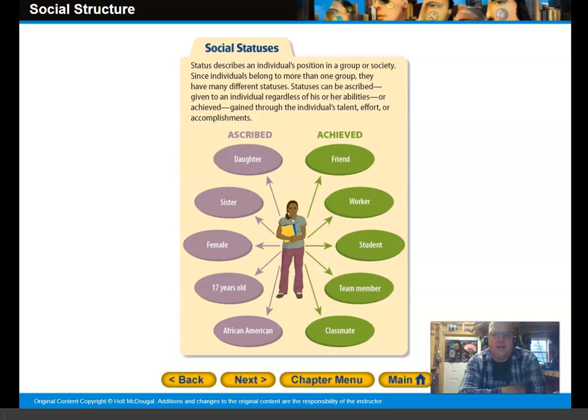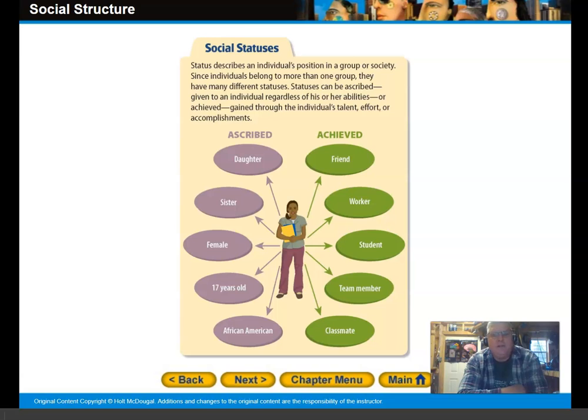So your social status describes an individual's position in a group or society. Since the individual belongs to more than one group, they have many different statuses. Statuses can be ascribed, given to an individual regardless of his or her abilities, or achieved, gained through the individual's talent, effort, or accomplishments.